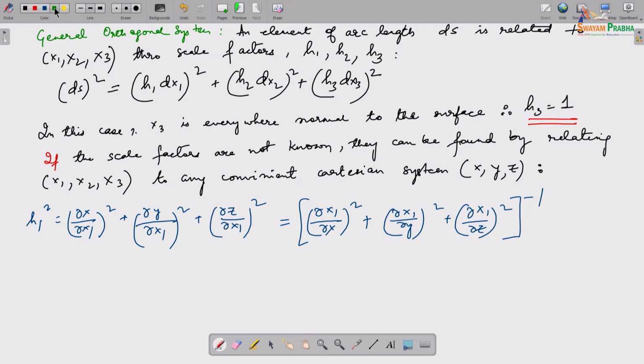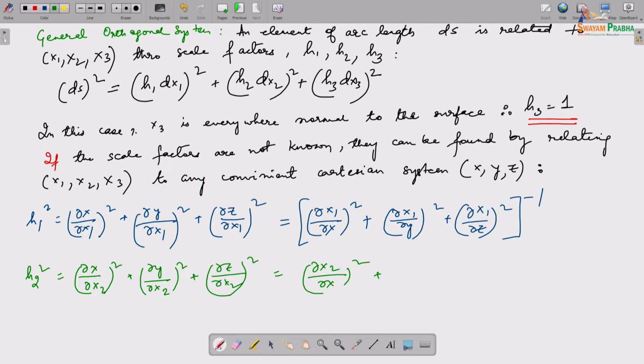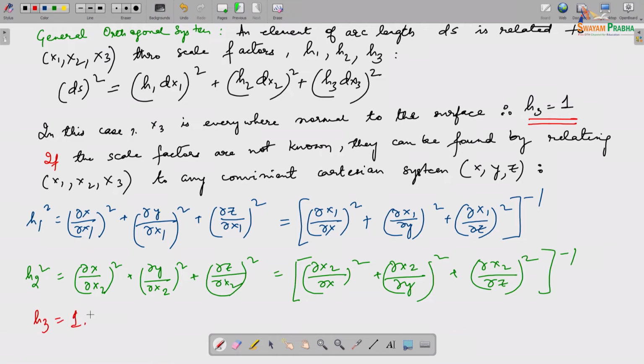And let me also write down h2, which is the same: del x del x2, del y del x2, and so on. And here of course h3 is equal to 1.